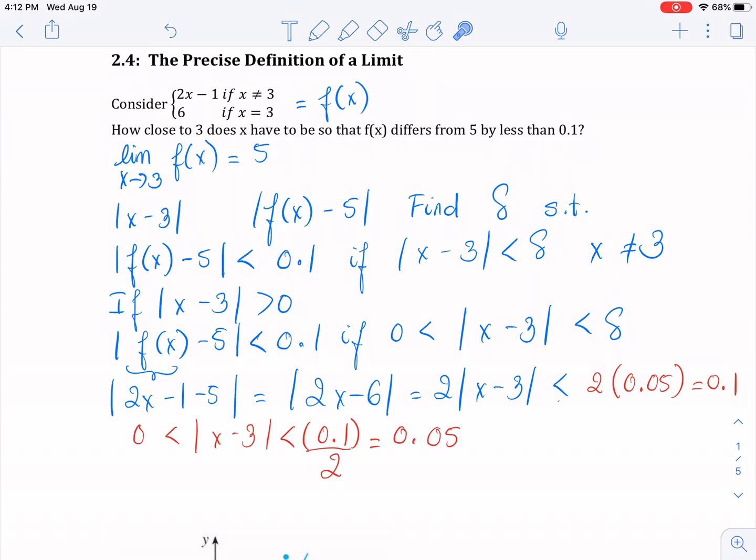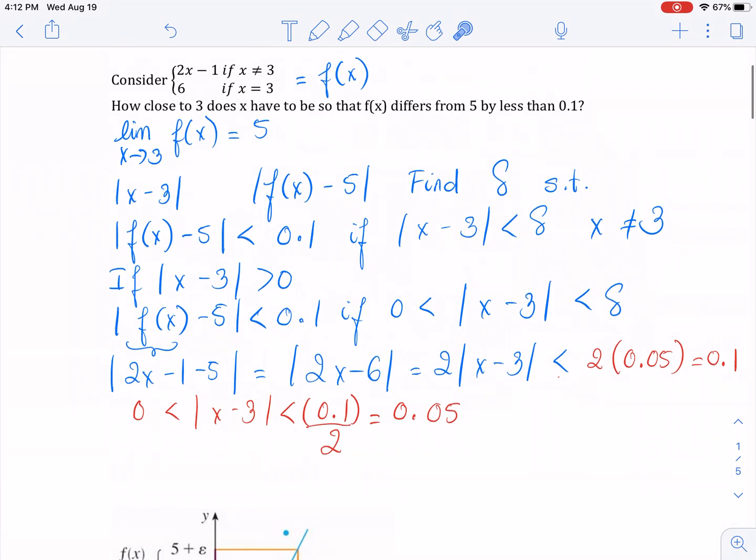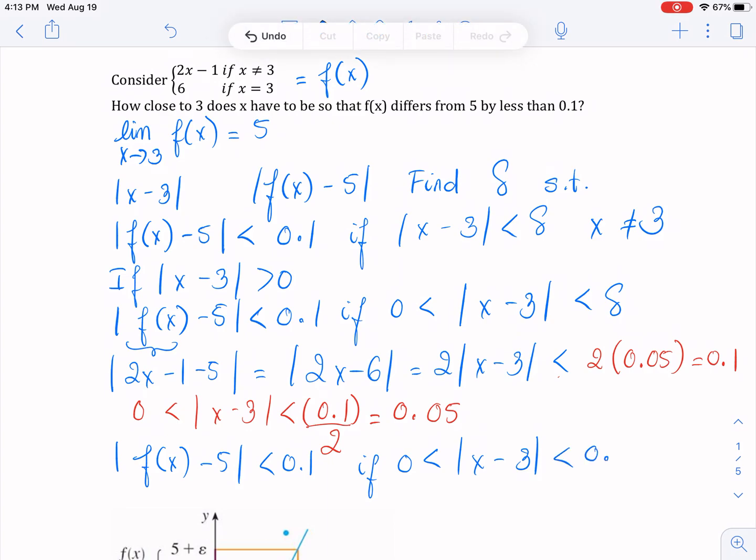Therefore, when you go back, you can plug everything in. I know that |f of x minus 5| is less than 0.1 if we have the distance from x to 3 less than 0.05. So to answer the problem, we want delta to be 0.05.